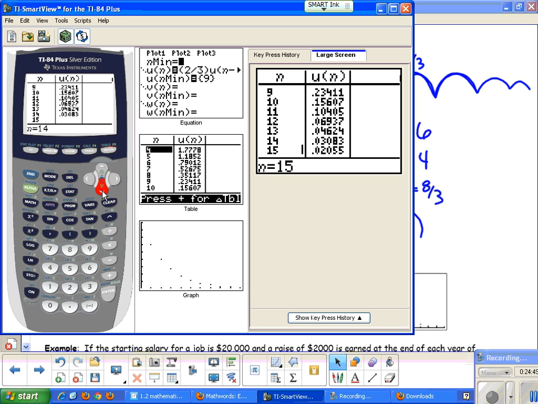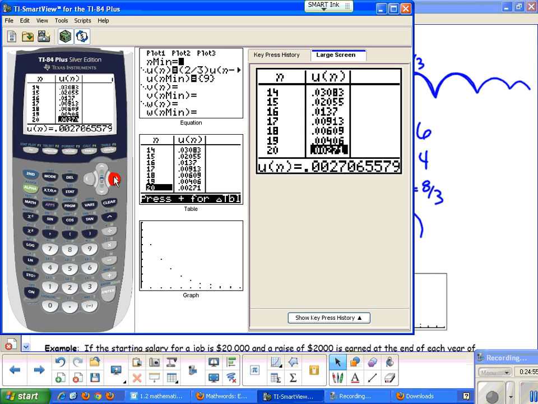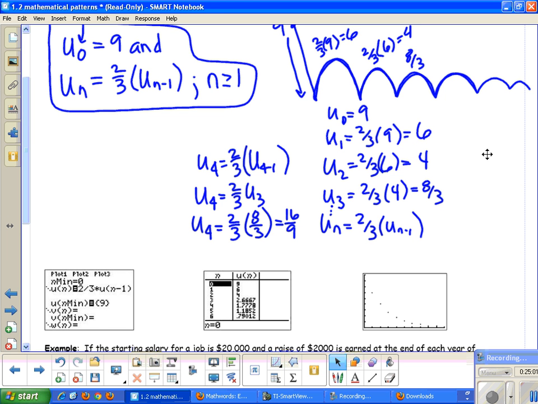So on the 20th bounce, we're going to be at a height of 0.0027. So that's kind of cool that we can do that in our calculator. So then, again, the fourth bounce, u sub 4 was equal to 16 ninths.